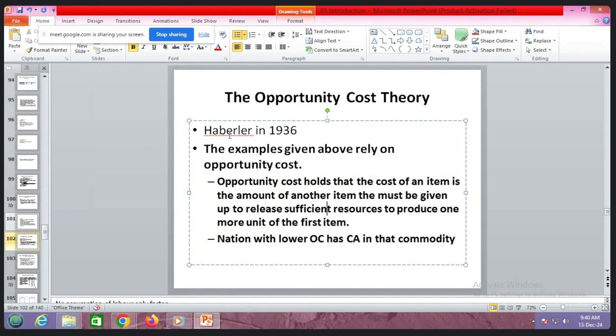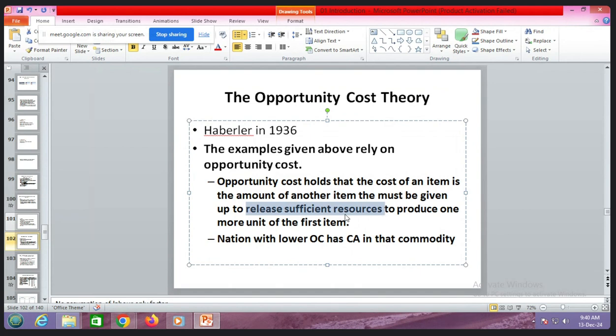So here Haberler gives this explanation that opportunity cost is what determines comparative advantage. OC is opportunity cost and CA is comparative advantage. Opportunity cost we have already defined. It is the amount that must be given up to release sufficient resources.